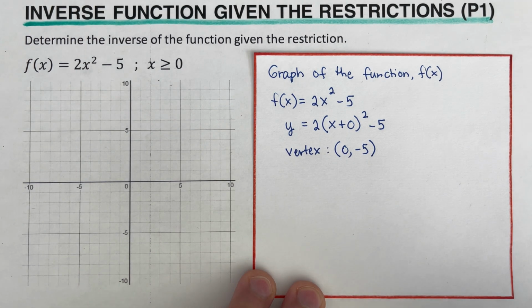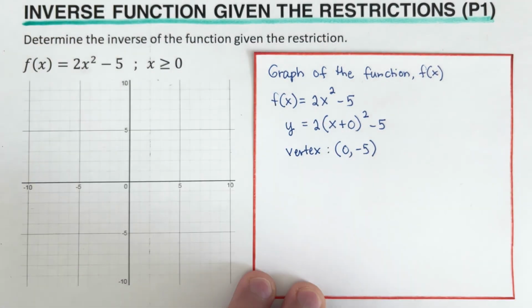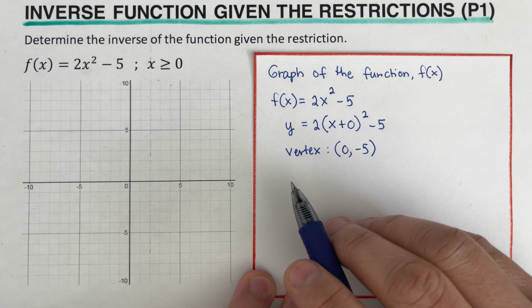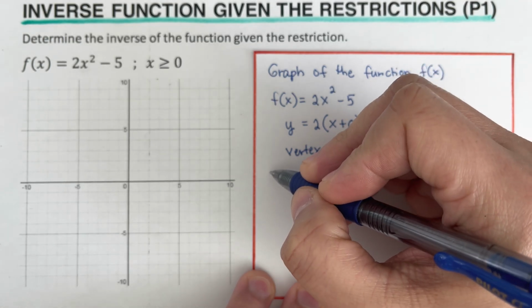Now, again, our task is to graph this function that we have up here. Our next task is to write the equation to complete the tables. I'm just going to write that up here.